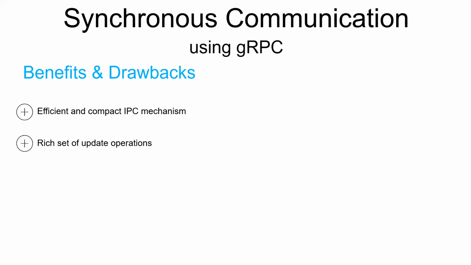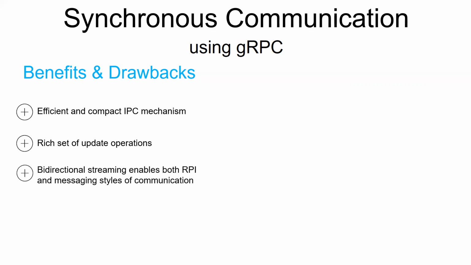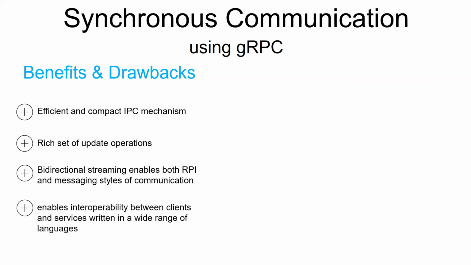gRPC has several benefits. It is straightforward to design an API that has a rich set of update operations. It has an efficient, compact IPC mechanism, especially when exchanging large messages. Bidirectional streaming enables both RPC and messaging styles of communication. It enables interoperability between clients and services written in a wide range of languages. gRPC also has several drawbacks.